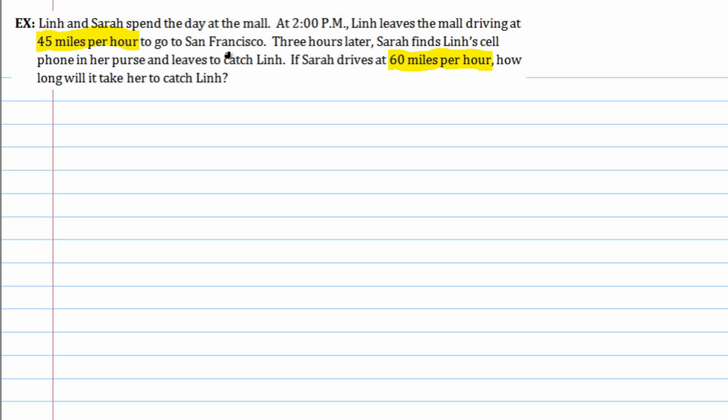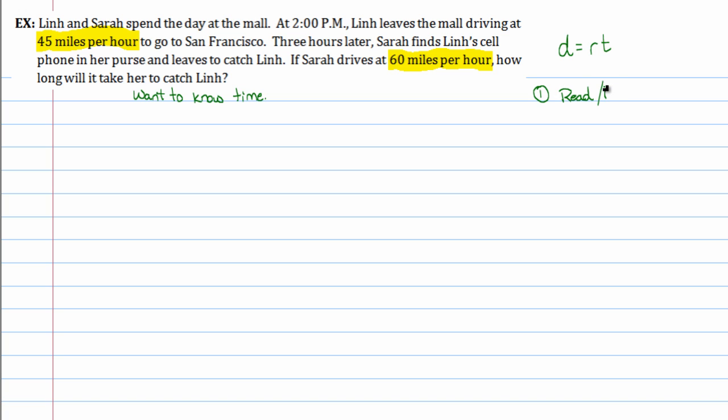So that's a time. We want to know time. That's a huge indication that we're going to end up using a formula like d equals rt. That's distance equals rate times time. Just have to make a note of that before we begin going through our process.